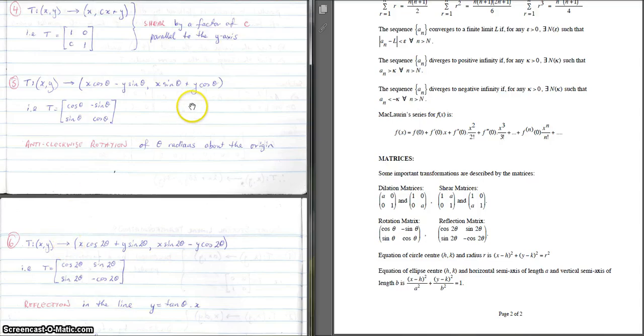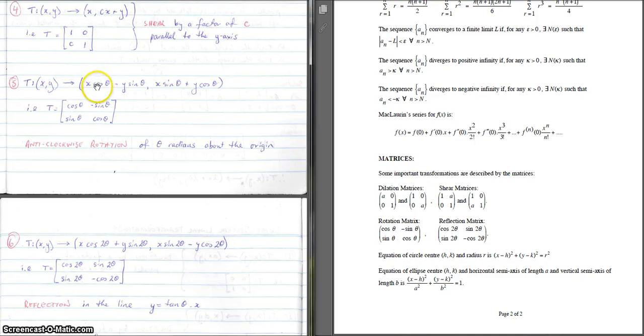These are a rotation matrix and reflection matrix. So a rotation here is an anti-clockwise rotation of theta radians, whatever our angle is, that many radians about the origin. And this is how it works.